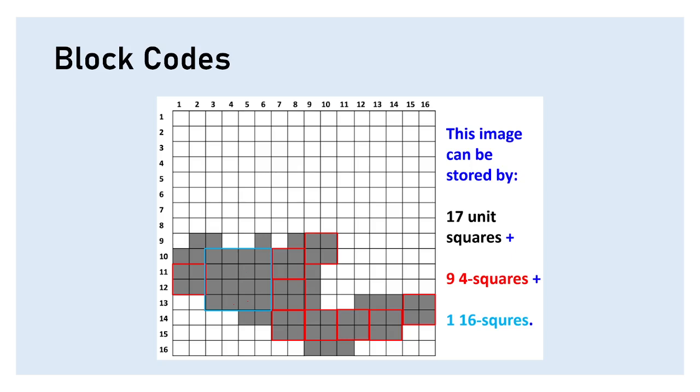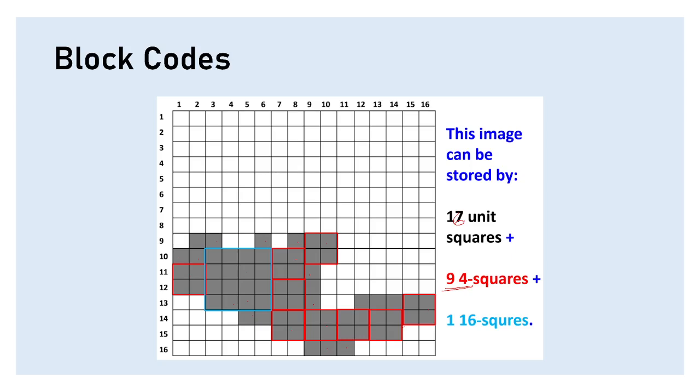Then the red blocks, which contain 4 squares, we have 1, 2, 3, 4, 5, 6, 7, 8, 9. So 9 blocks of 4 squares are there. One block of 16 unit squares is there. Then the single unit squares are like 1, 2, 3, 4, 5, 6, 7, 8, 9, 10, 11, 12, 13, 14, 15, 16, 17.